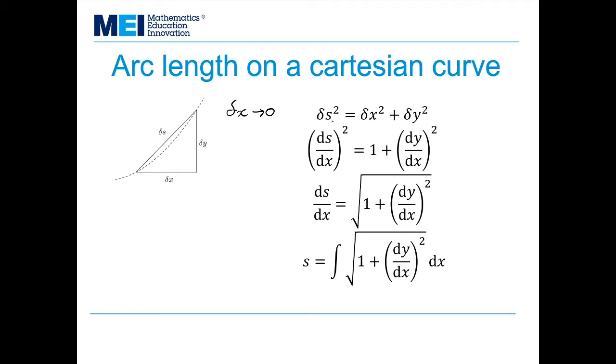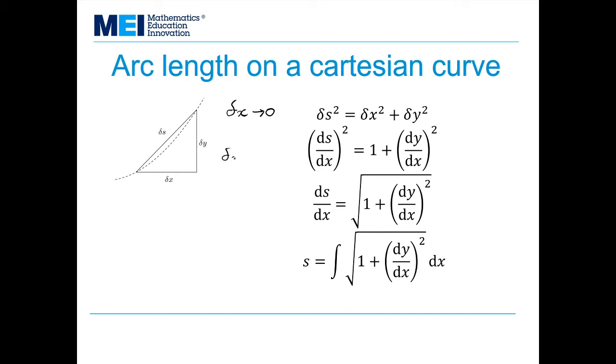So I'll have delta s squared over delta x squared equals delta x squared over delta x squared plus delta y squared over delta x squared. And then as delta x approaches 0, this is going to become ds by dx all squared equals 1 plus dy by dx all squared.